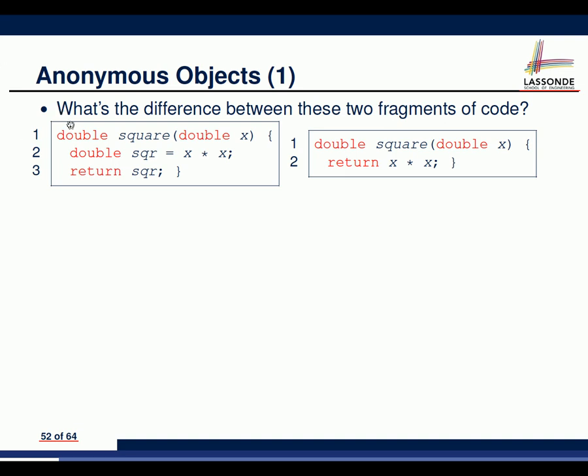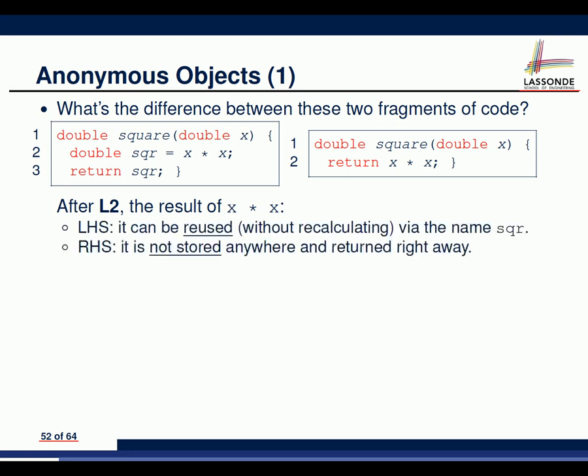Between line numbers 2 and 3, you can refer to just SQR; you don't have to refer to x times x every time. So you can save some computational resources. So basically, on the left-hand side, you do have a name reference for the computation result, the x times x. On the right-hand side, you don't. That's the crucial difference.